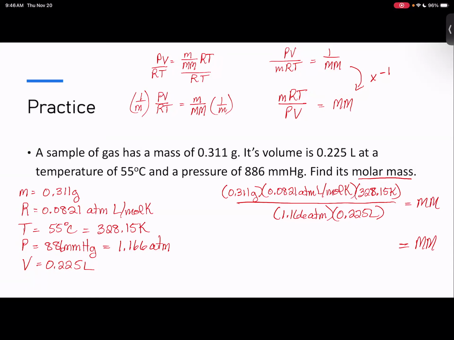Completing this, you get a gas molar mass of 31.93 grams per mole, which I would guess is probably oxygen, because oxygen is 32 grams per mole.